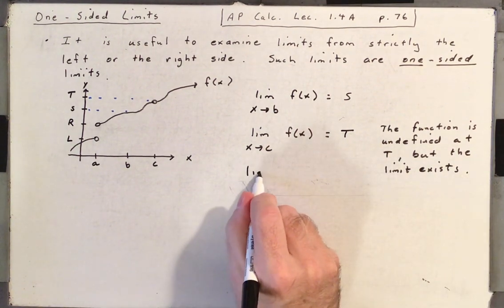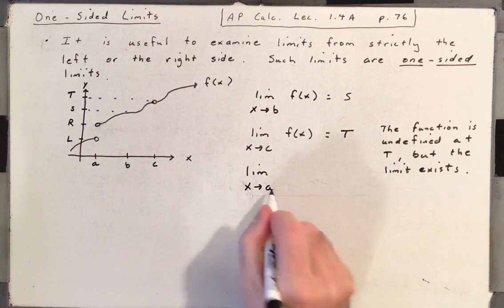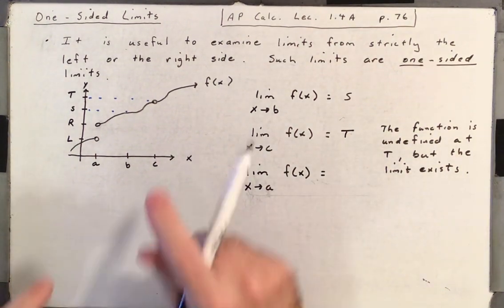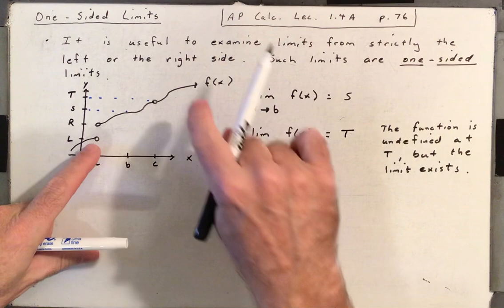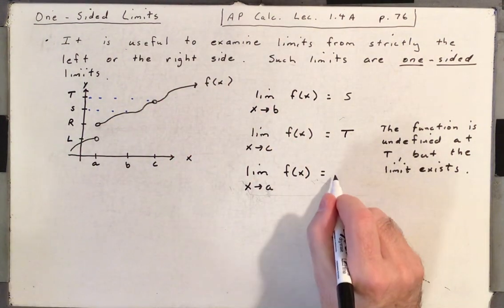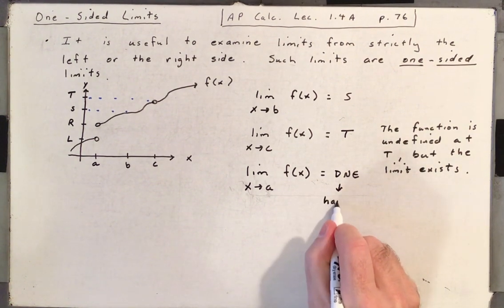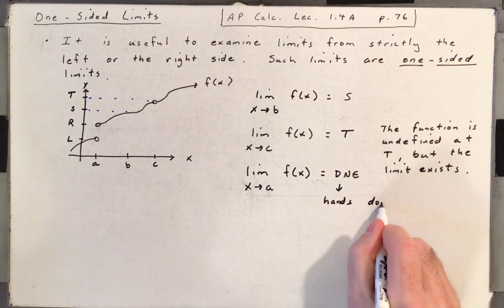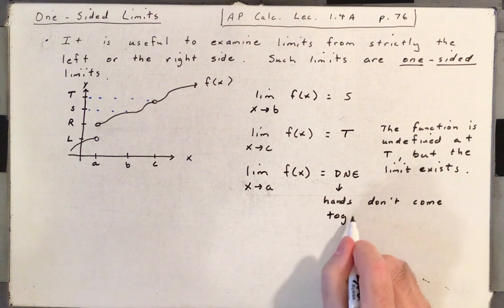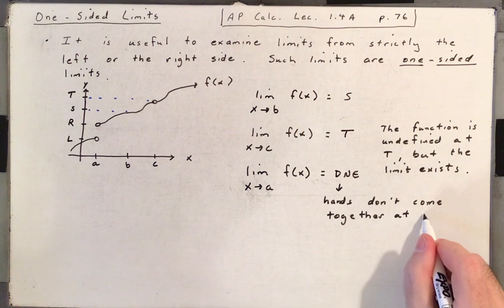How about the limit as x approaches a of f of x? From the left side, you have L, and from the right side, you have R. Your hands don't come together, so it does not exist. Hands don't come together at A.